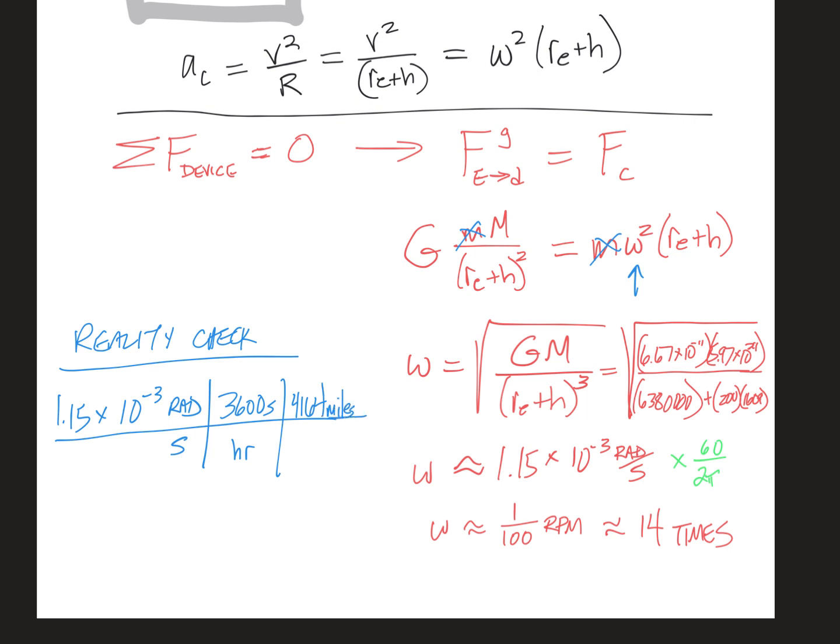You would have to convert the radius of the Earth plus the height above the Earth to get this 4,164 miles. I'm telling you where that comes from. Note that radians, that's not a unit. That means number, but we use it anyway. So that means that the speed of this thing is roughly 17,000 miles per hour.